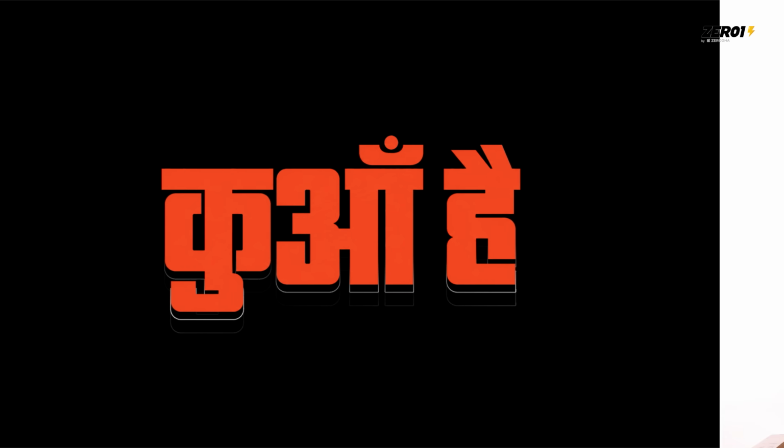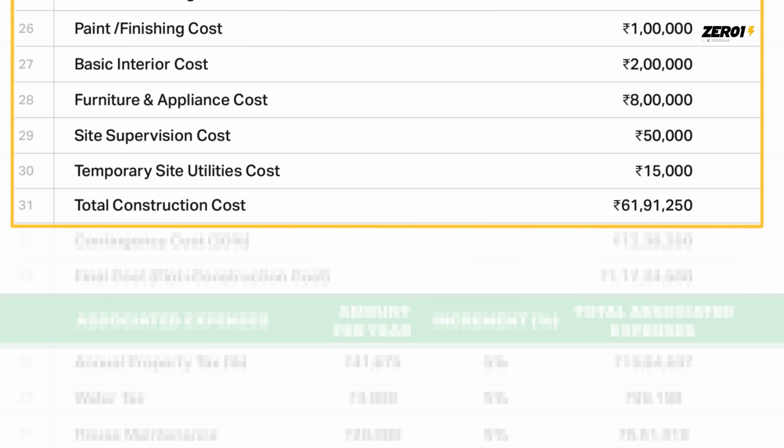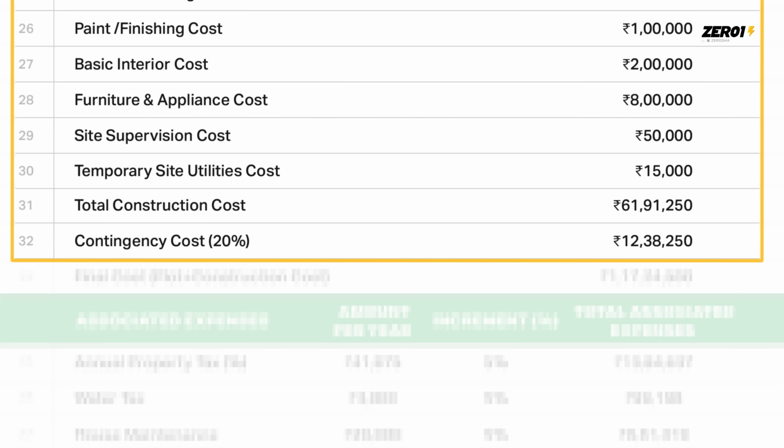You will always keep putting more money in it because it's never done. Alright, so have a contingency fund for sure. But since we're doing an Excel sheet, I need to make sure that this contingency plan has some sort of rule. So let's assume 20% of the construction cost is the contingency budget, which will be 12.38 lakhs.